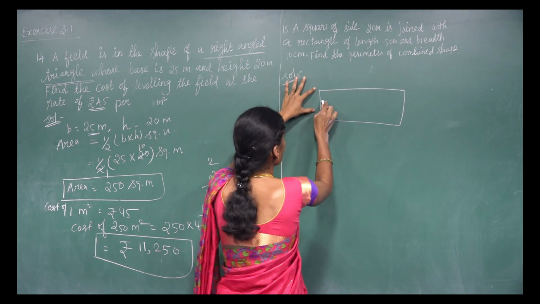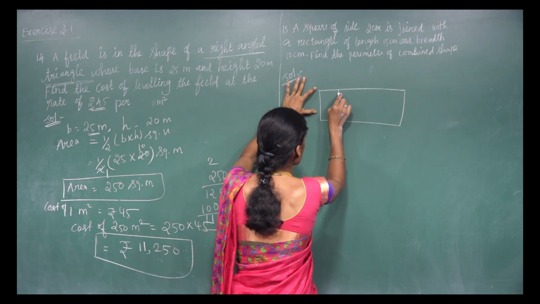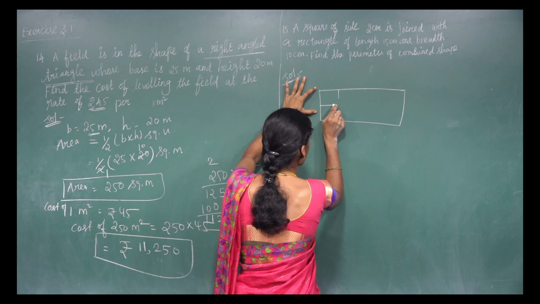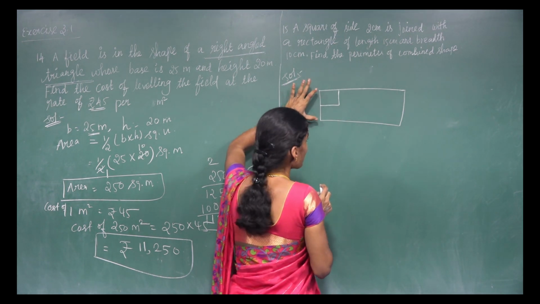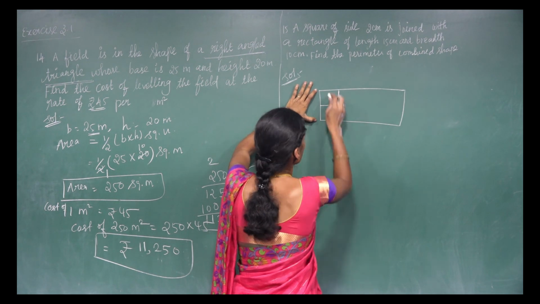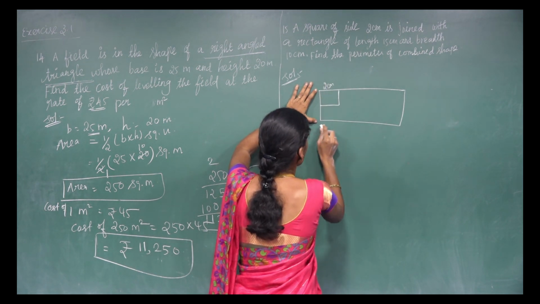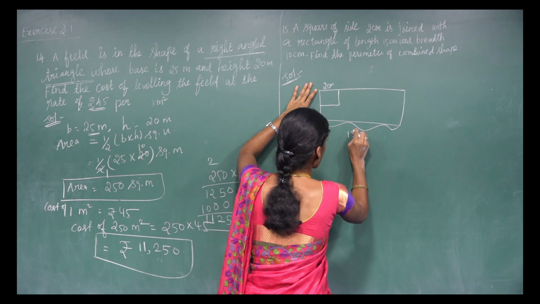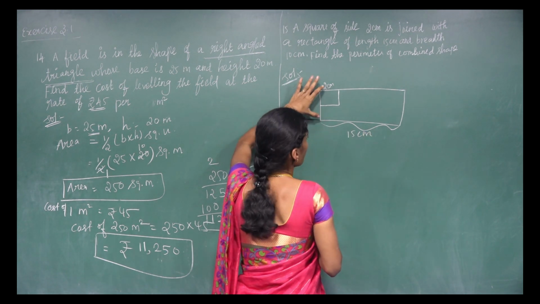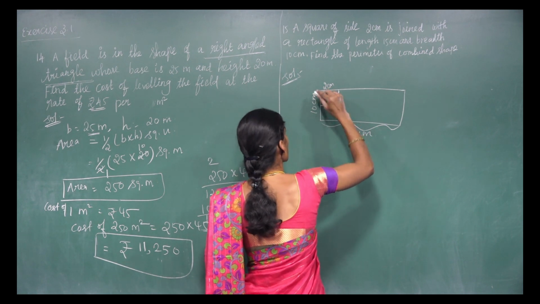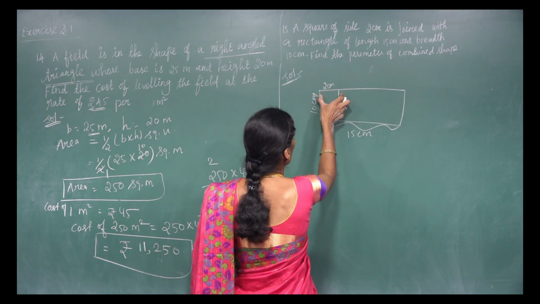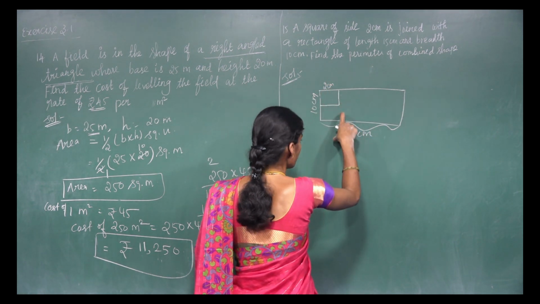This 2 centimeter square is joined here. Can you understand or not? Yes. 2 centimeter, 2 centimeter. Totally rectangle length is 15 centimeter, breadth is 10 centimeter.